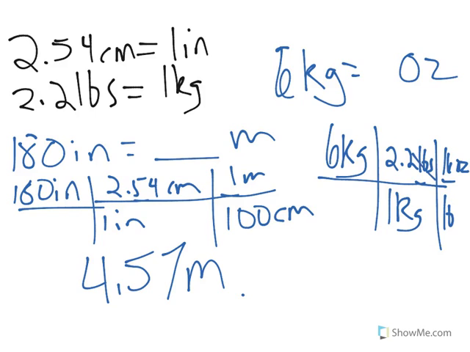Okay? So the pounds cancel, kilograms cancel, and you would just multiply 6 times 2.2 times 16. Okay? And that would give you 211 ounces. Okay? So that's how you can convert from the English system to the metric system and vice versa. Alright, so hopefully that is a good reminder on how to do the metric system and the conversions.